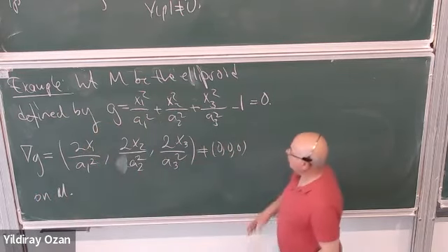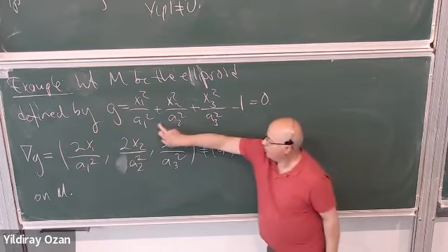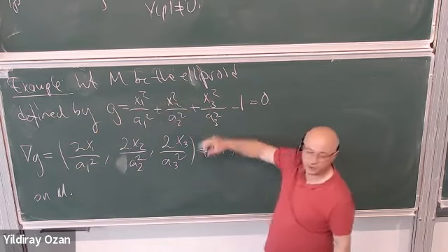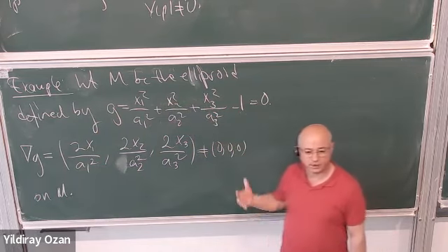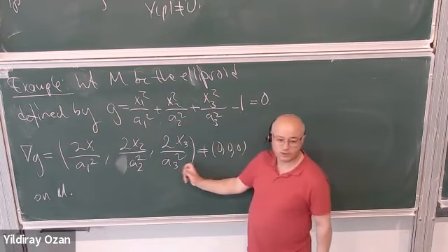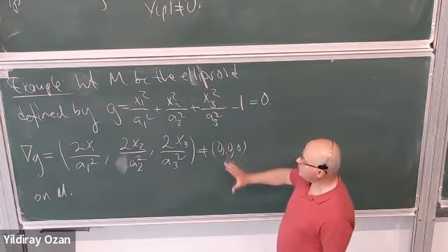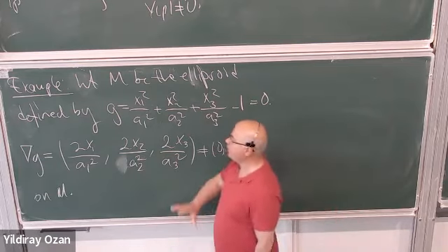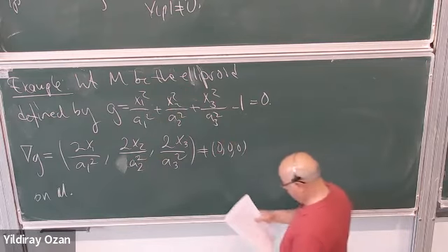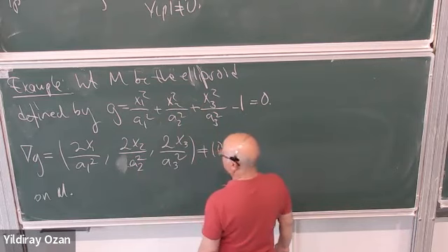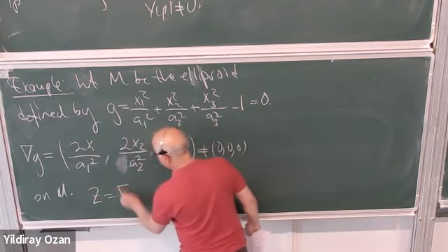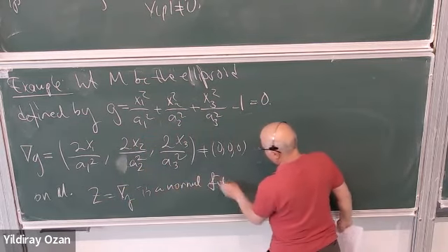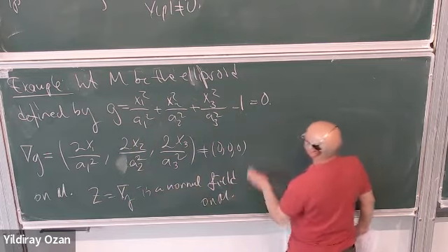Because on M, the sum of these three terms is equal to 1. Therefore x1, x2, x3 cannot be 0 simultaneously; at least one of them is not 0. So this vector is never 0. So 0 is a regular value, M is a surface, and Z, which is just the gradient of G, is a normal field on M.